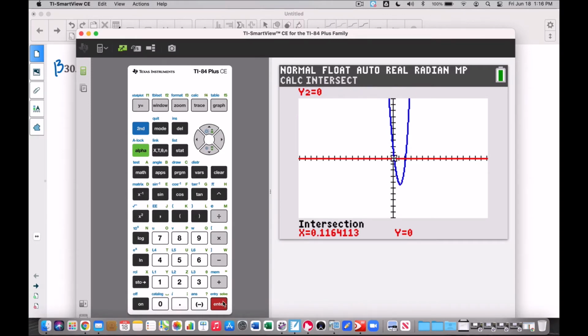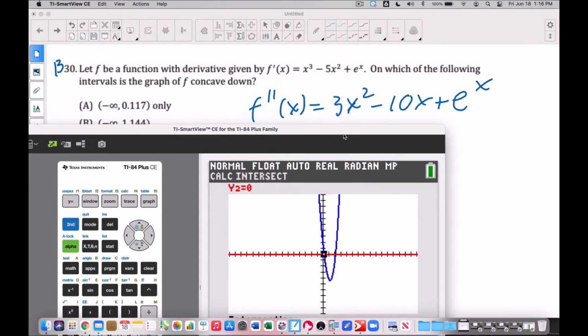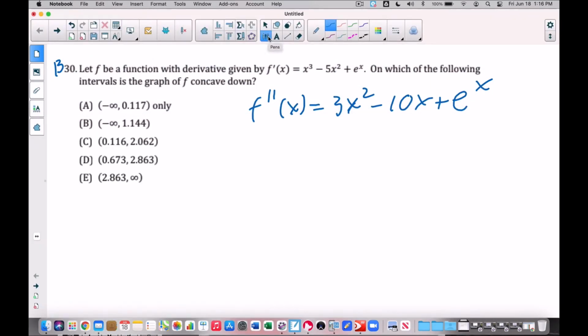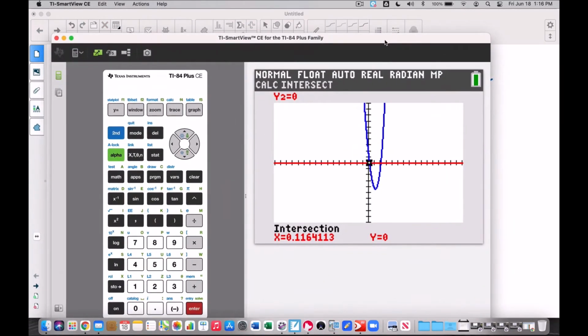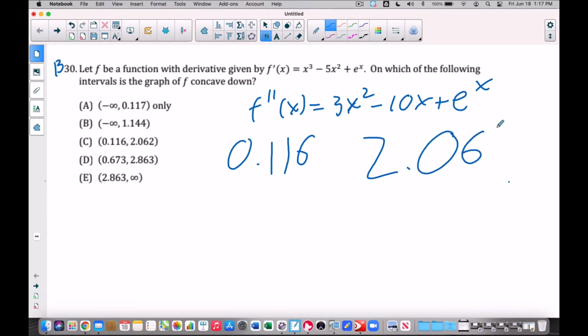The first one on the left is 0.116. And let's do it again to find the other point where it equals 0. Second curve, guess. And then the intersection is 2.062. Little big, but alright.